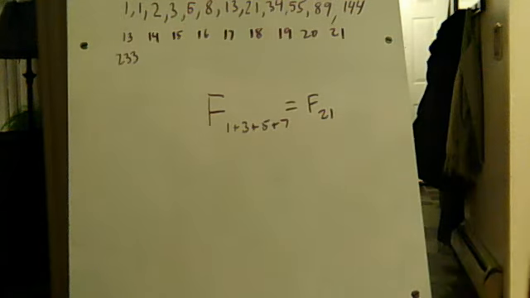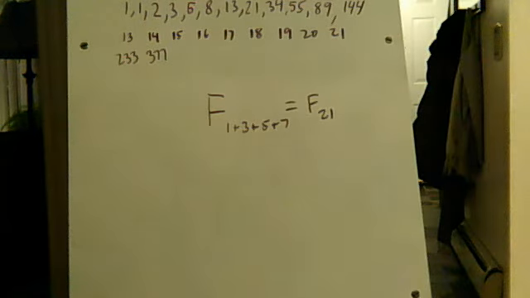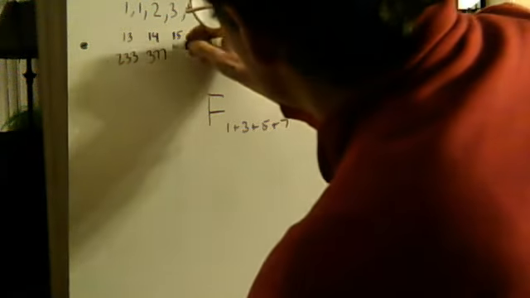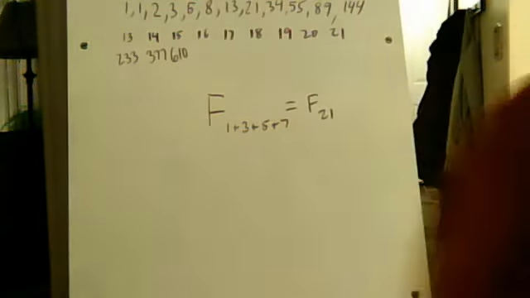And after 233 comes 377. After 377 comes 610. And then the 16th Fibonacci number is 987. We still have a ways to go. 987 plus 610. 7, 9, 15, 1597. That's the next one.